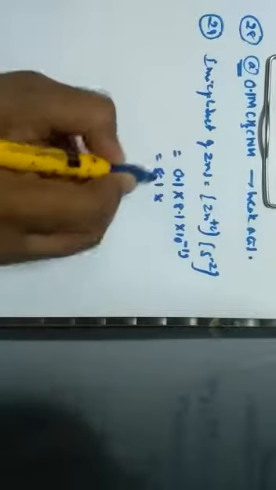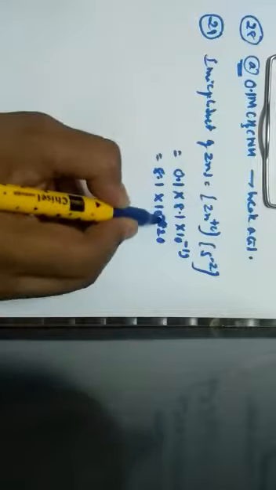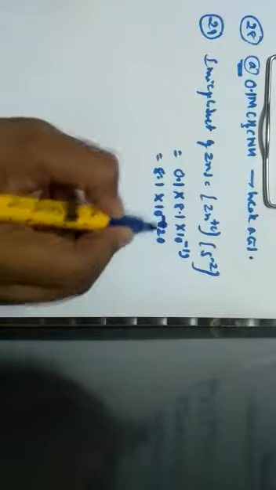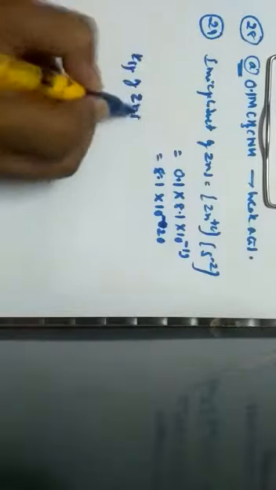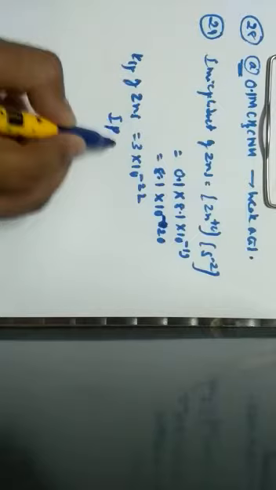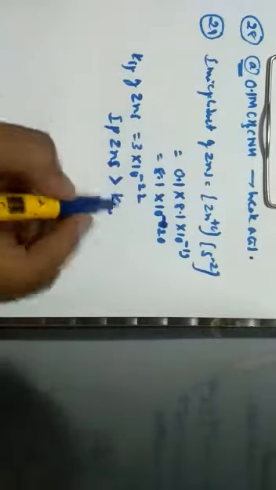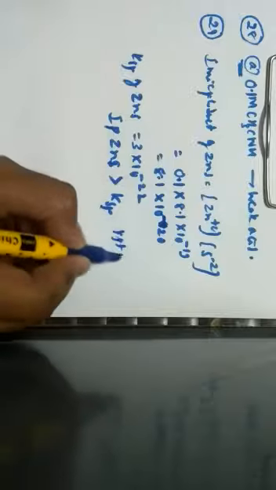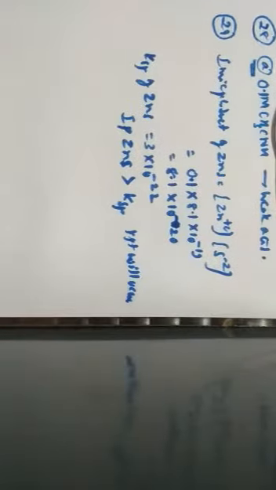That is equal to 8.1 into 10 to the power of minus 20, the total ionic product of ZnS. Given that Ksp of ZnS is 3 into 10 to the power of minus 22. Since the ionic product of ZnS is greater than the solubility product of ZnS, precipitation will occur. We already know that if the ionic product is greater than the solubility product, precipitation will take place.